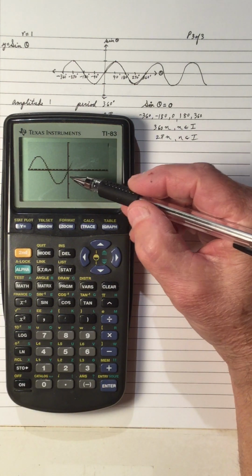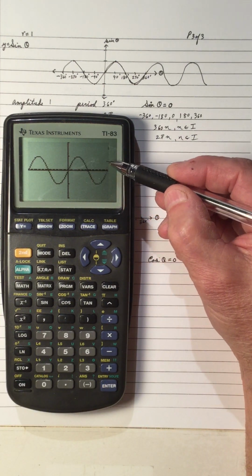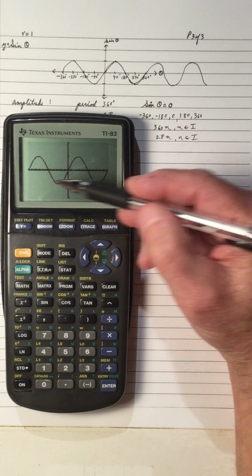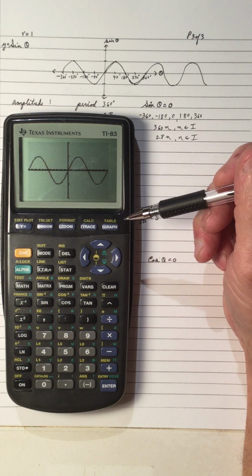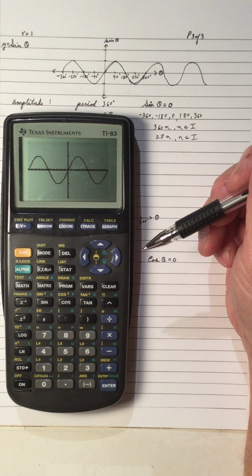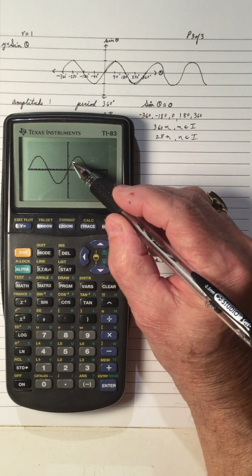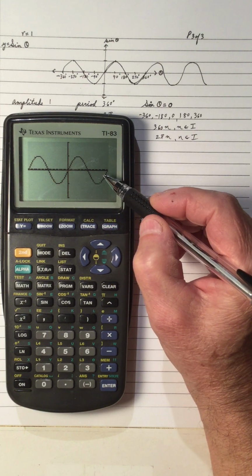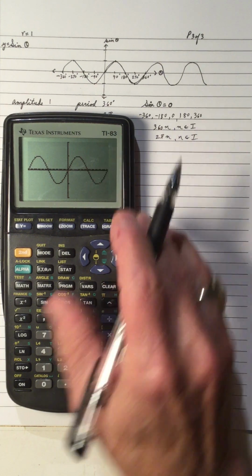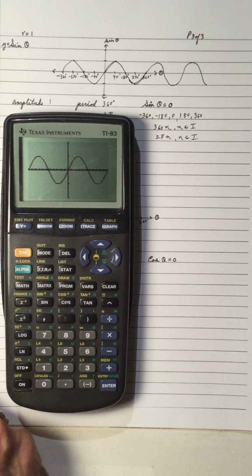So notice it's repeating. There it is. And if I could expand this out to be a negative 1,000 to a positive 1,000, we just get more cycles. So this, again, this is one cycle between 0 and 360. And there's many of them, so that's why it's a period of 360.